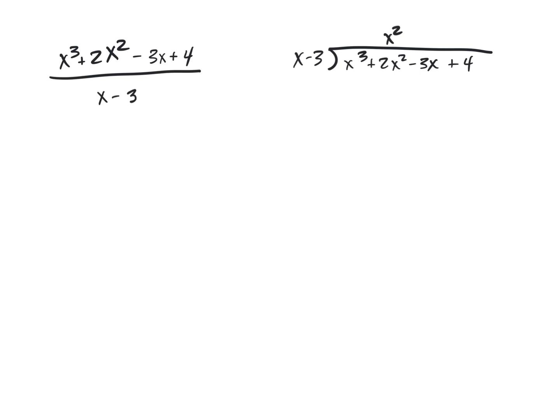All right. Then what we're going to do is take that x squared times the thing I'm dividing by. So if I take x squared times x minus 3, what do I get? x cubed minus 3x squared.